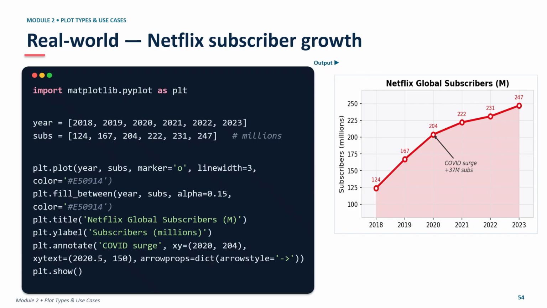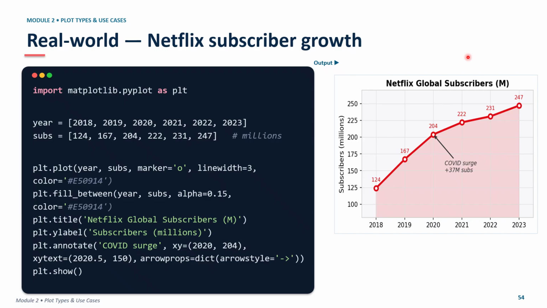And here is a real world example I can give you for Netflix subscriber growth. This is the sample code where the input is going to be the year and the subscribers in millions.